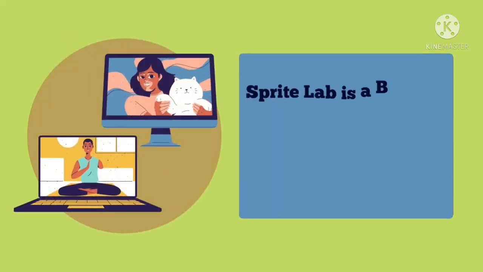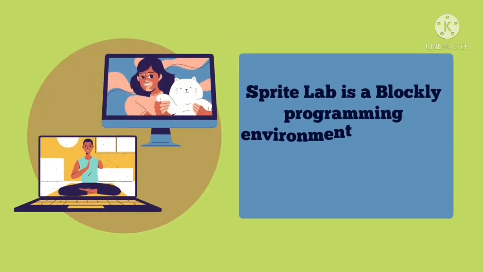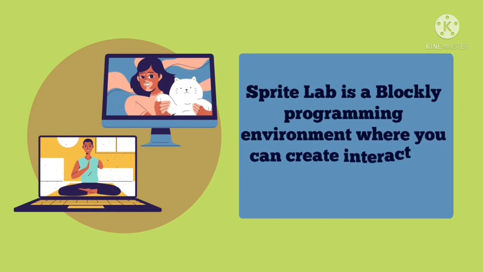We are going to be working on the Sprite Lab environment. Remember, Sprite Lab is a Blockly programming environment where you can create interactive projects. So in this lesson, you are going to create your own pets. Sounds interesting, right?